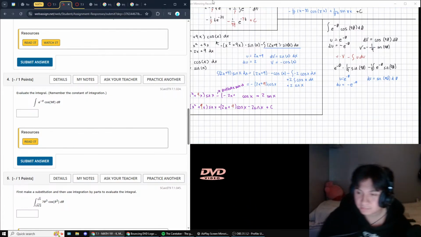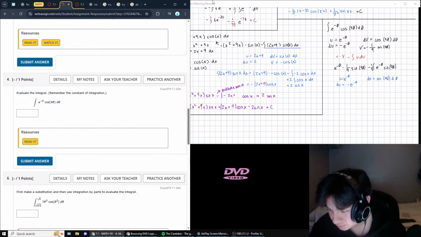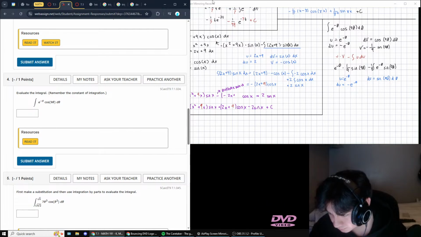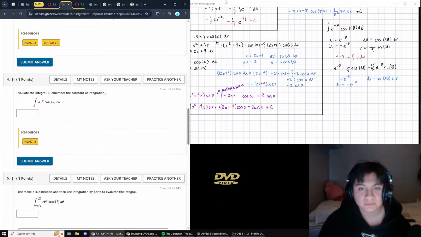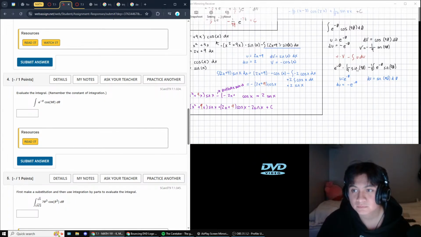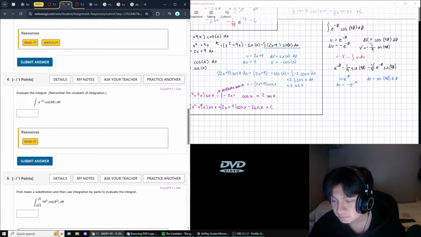Oh, I didn't even realize my chat was open. Hold up. It's a great question. Shouldn't cosine be u? I'll be honest, I did it through chat. So this is what chat's telling me to use.